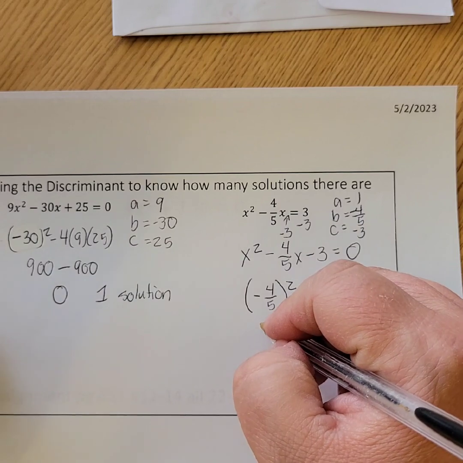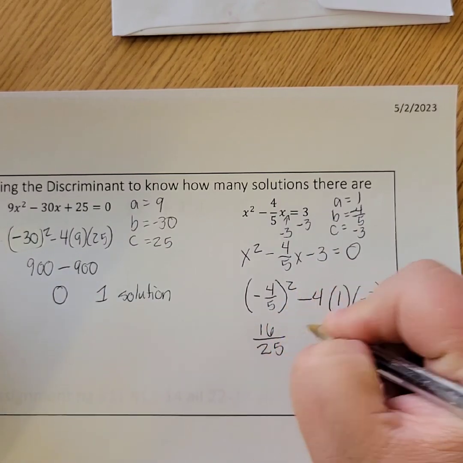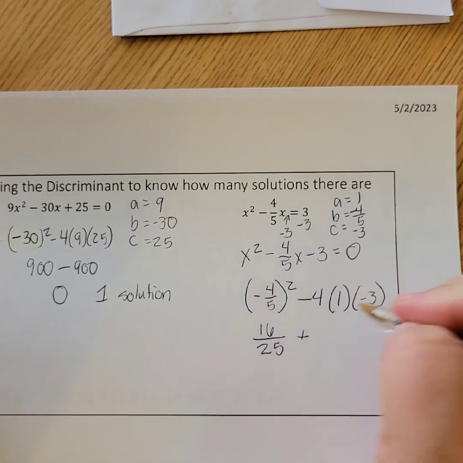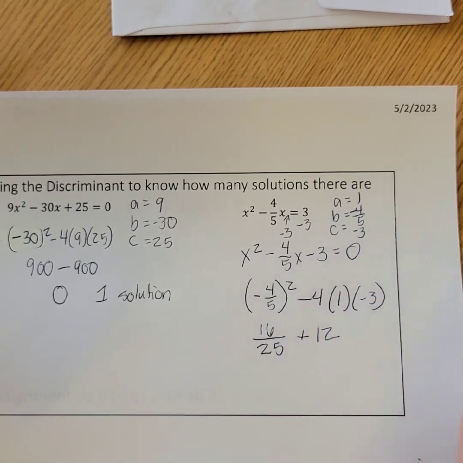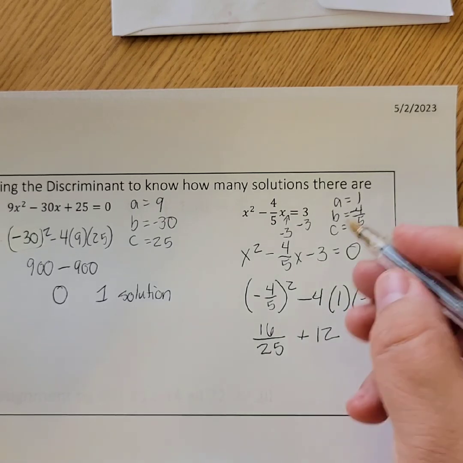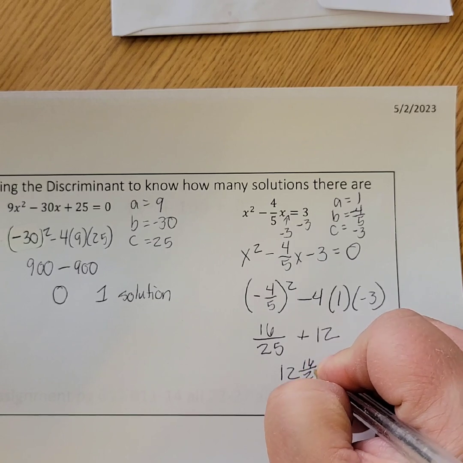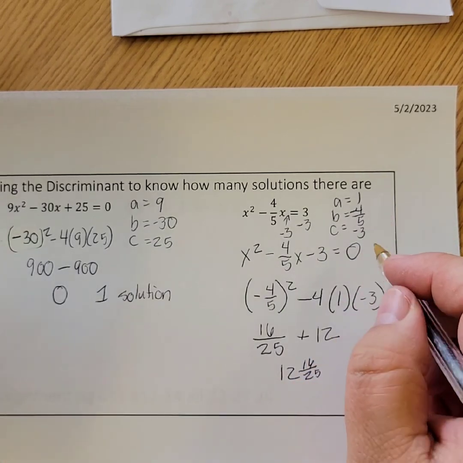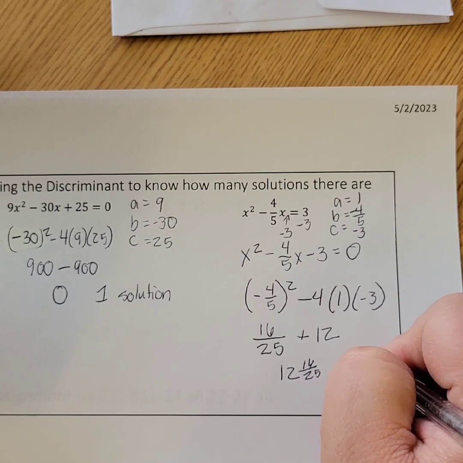So we get 16 over 25. I guess that makes sense, huh? And then we have plus 12. So it's 12 and 16 25ths. And truly it doesn't matter. It'll just be a pain to do, but there's two solutions.